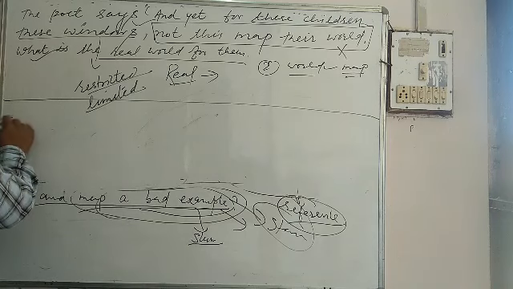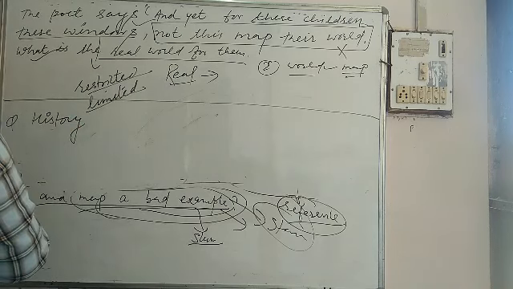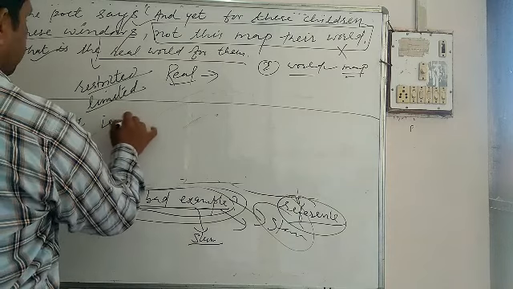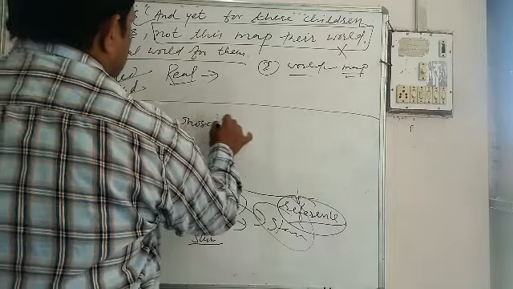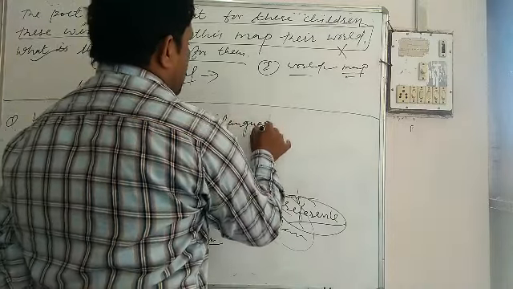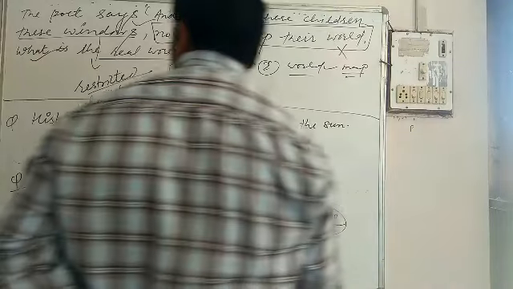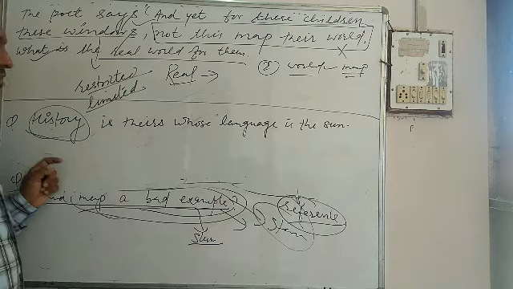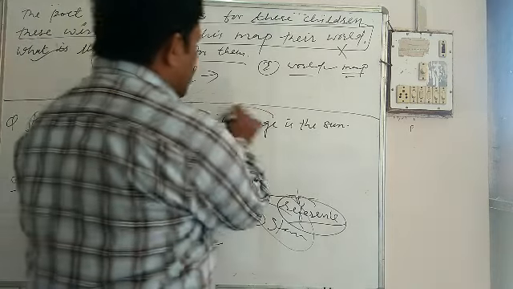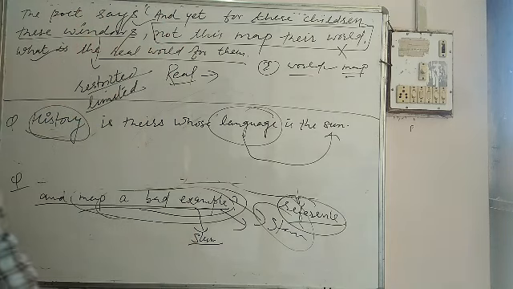History is theirs. Another question. History is theirs whose language is the sun. According to the poet, history can only be created by those whose language may be just like the sun.